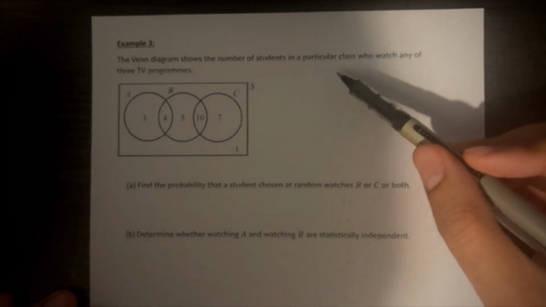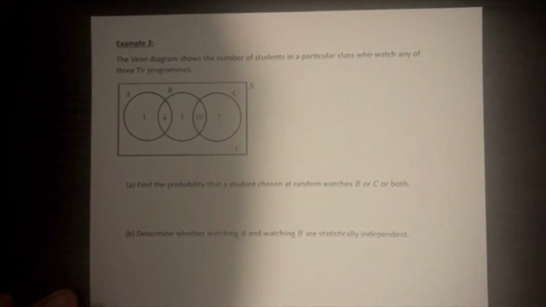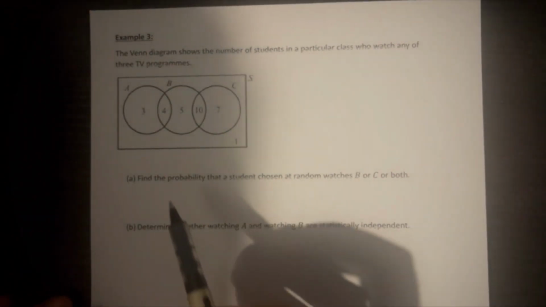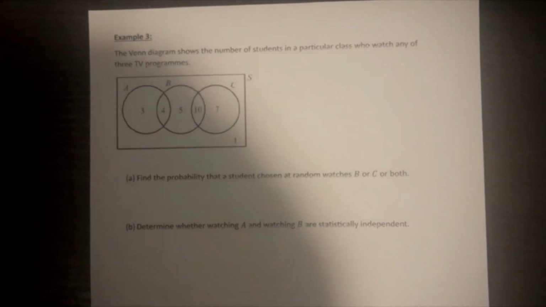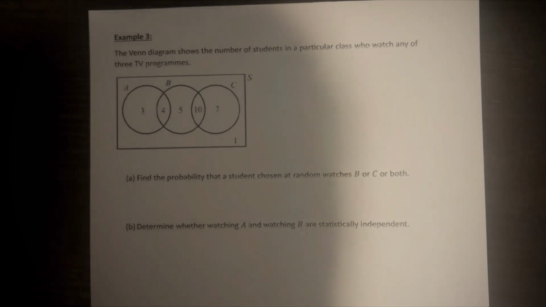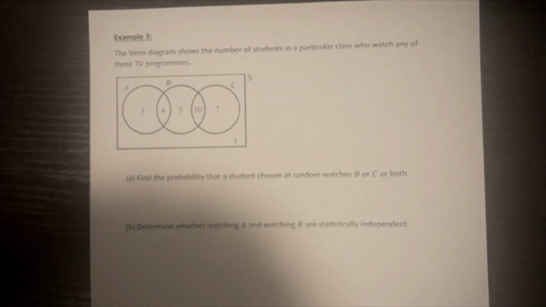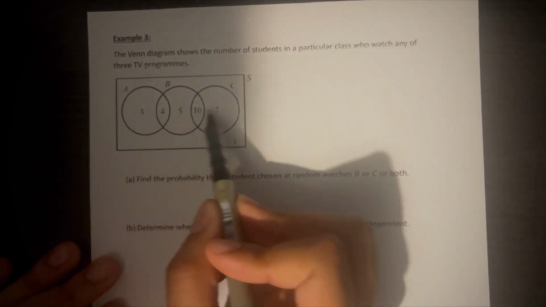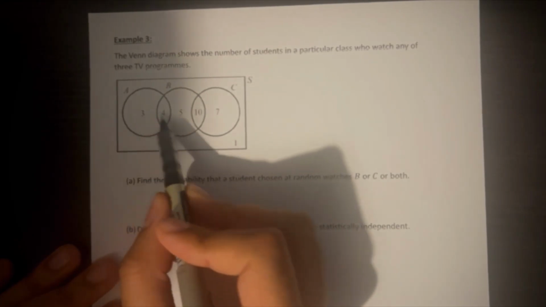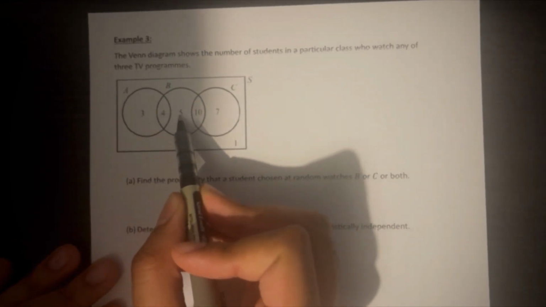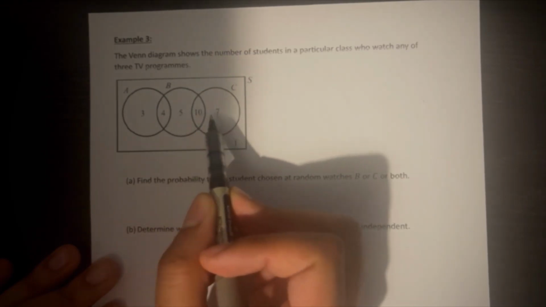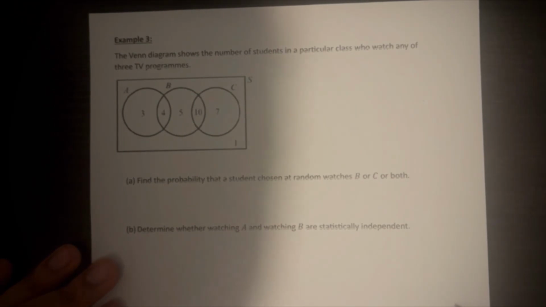Our final example, we're told that the Venn diagram shows the number of students in a particular class who watch any of 3 TV programs. We've got A, B, and C as the 3 programs, and some values within our Venn diagram. We're being asked to find the probability that a student chosen at random watches B or C or both. First of all, we need to find how many students there were in total. So 3 plus 4 is 7, plus 5 gives us 12, and 10 is 22, plus 7 is 29, plus 1 is 30.